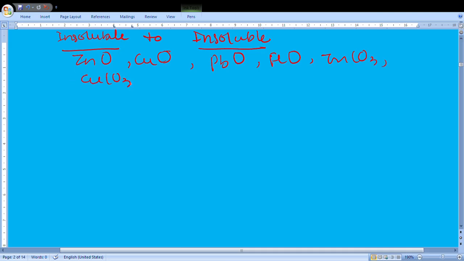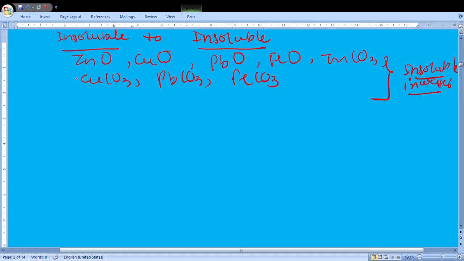CuCO3, insoluble in water. PbCO3 is insoluble in water. FeCO3 is insoluble. These all are insoluble in water.